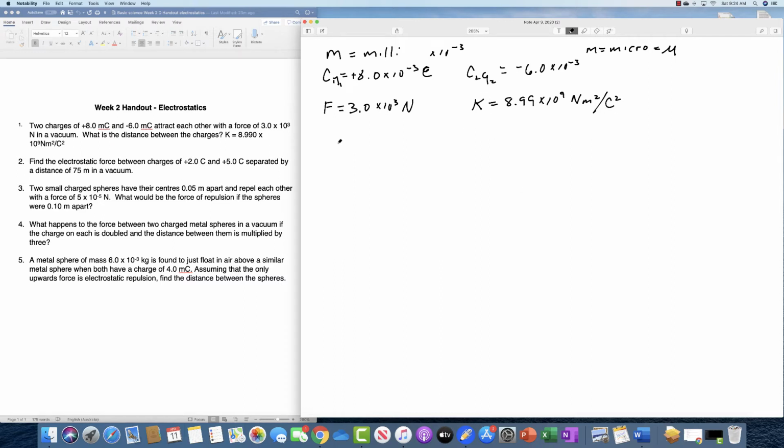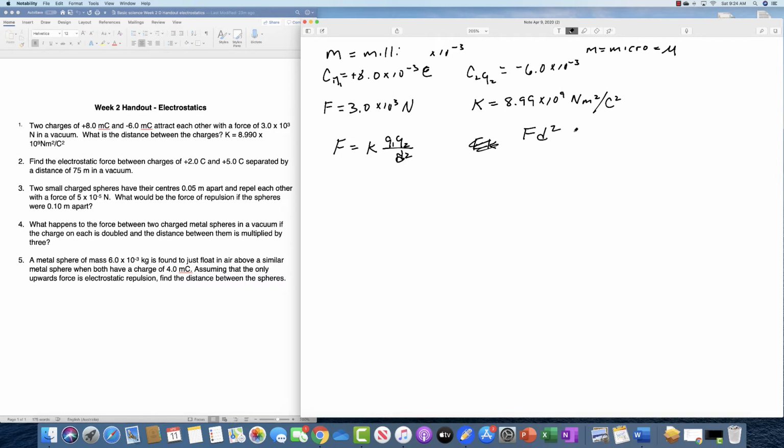So now, we know that the force is equal to K times the first charge times the second charge over the distance between the two squared. So if we solve this, multiply both sides by D squared first.